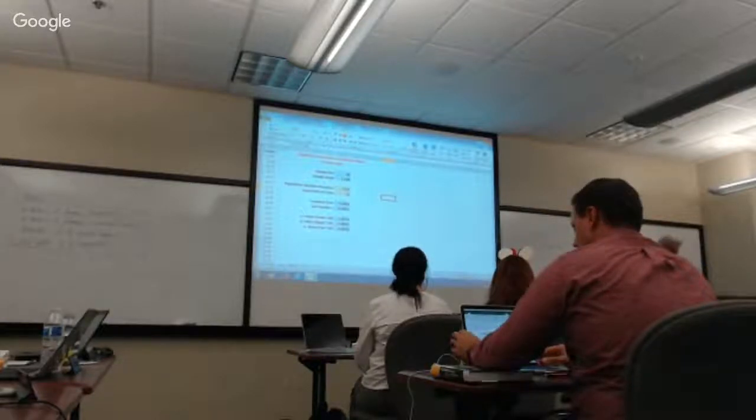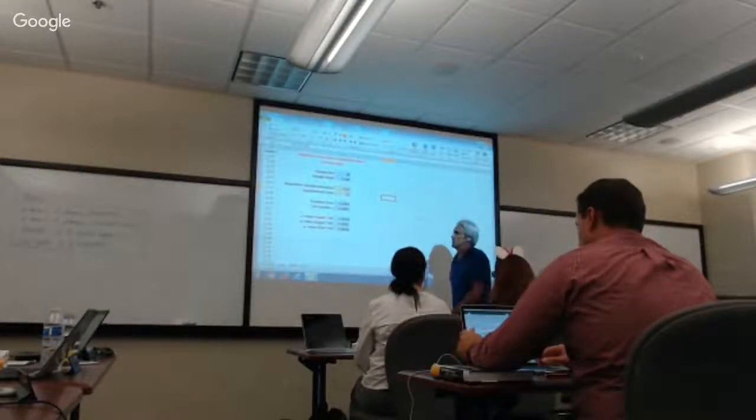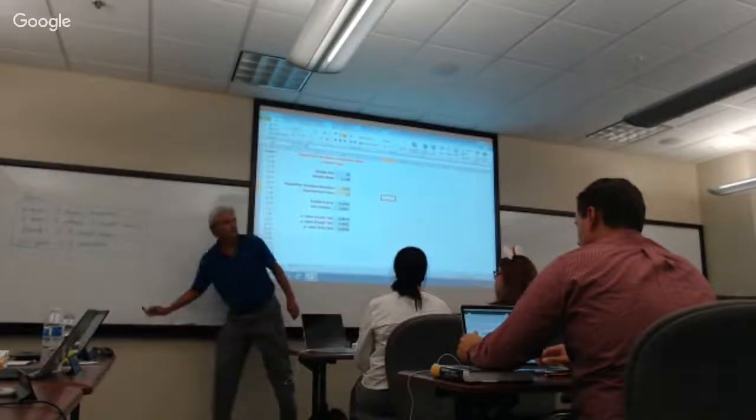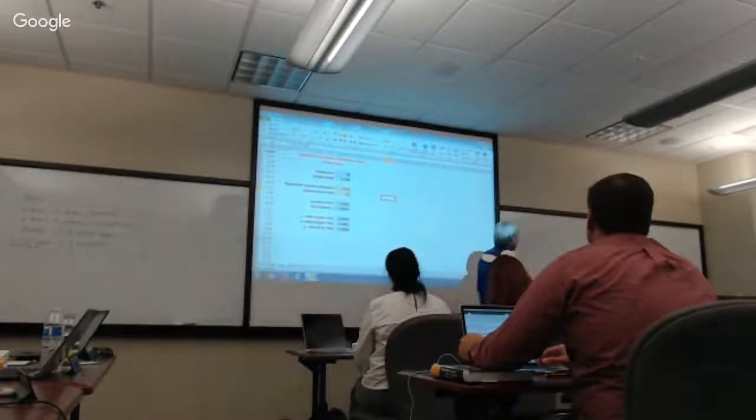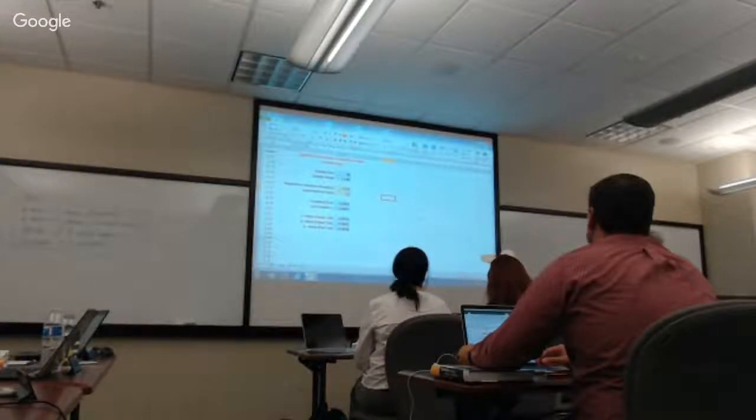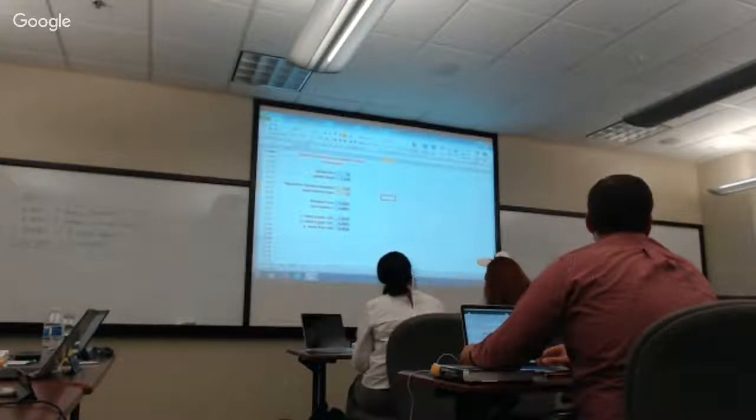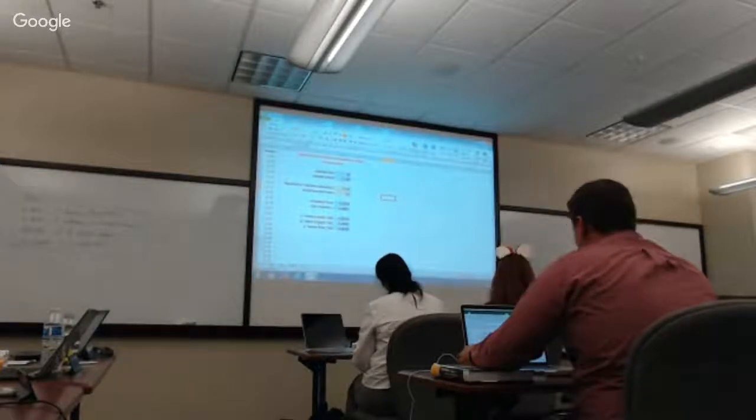So again, we decided that we're going to do a two-tailed test here, and we wanted to be, I believe, 95% confident. Was that correct? Okay. So this is going to be 0.025 in this tail, and 0.025 in the lower tail over here, and then we're looking for our critical test statistic.